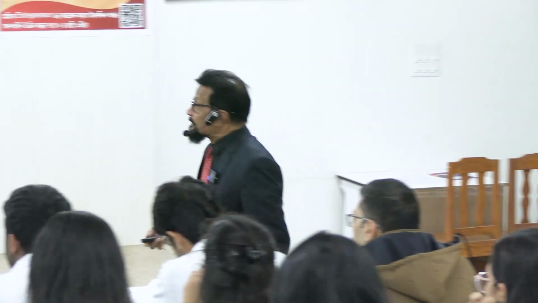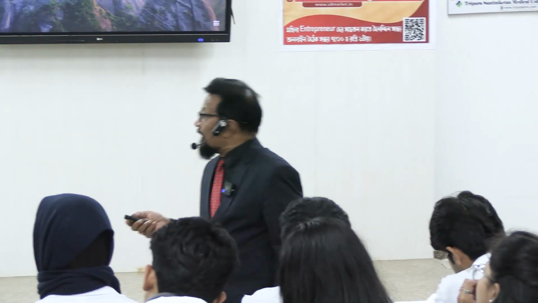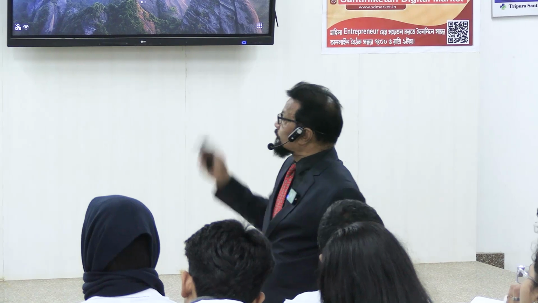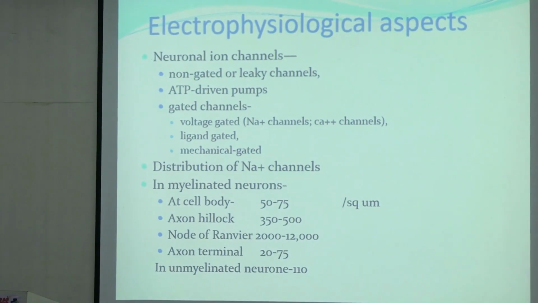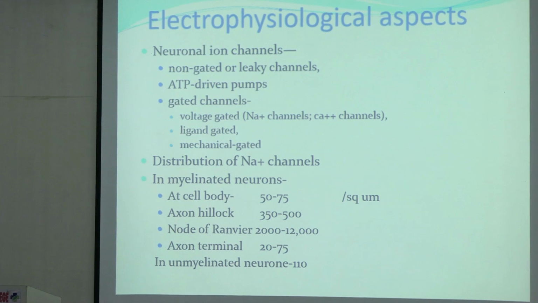When any action potential comes from the axon hillock, it will stimulate the node of Ranvier. There are channels there, so they will be opened up and action potential will be produced. So you see, mostly you will find the sodium channels in the node of Ranvier, then in the axon hillock, and in the cell body and dendrite these are relatively less.